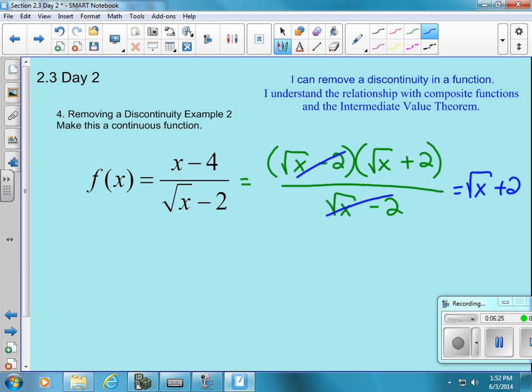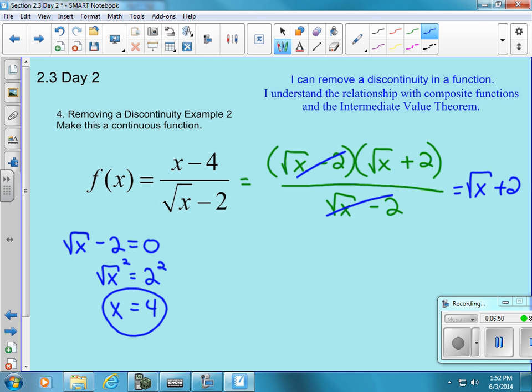All right, so then what we're going to do, let's take our denominator and see what value of x would actually give us 0 in our denominator. We add 2 to both sides, we get square root of x equals 2. We square both sides, we get x equals 4.